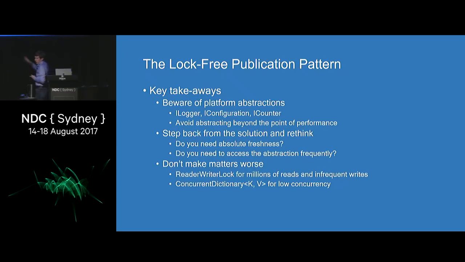So the key takeaway of this thing is, okay, we have a configuration manager, we abstracted over it, we created a beautiful IConfiguration abstraction or ILogger abstraction, but it contains a lot of cost inside of it, because what's really happening is that when Service Fabric tells us the configuration has changed, it just gives us a new config object.